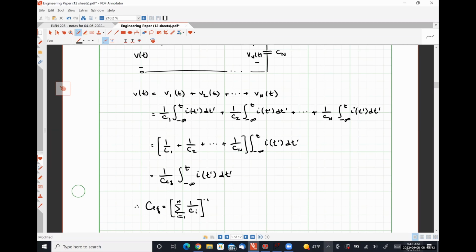Or in other words, less math speak, capacitors in series combine like resistors in parallel.